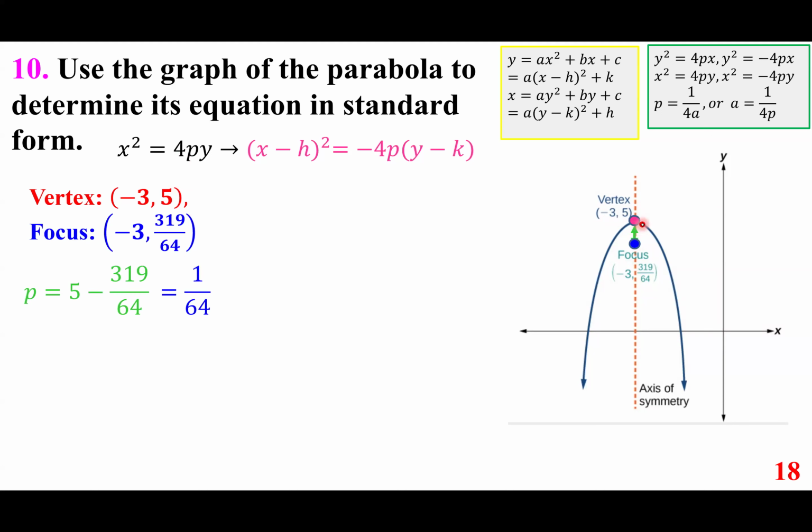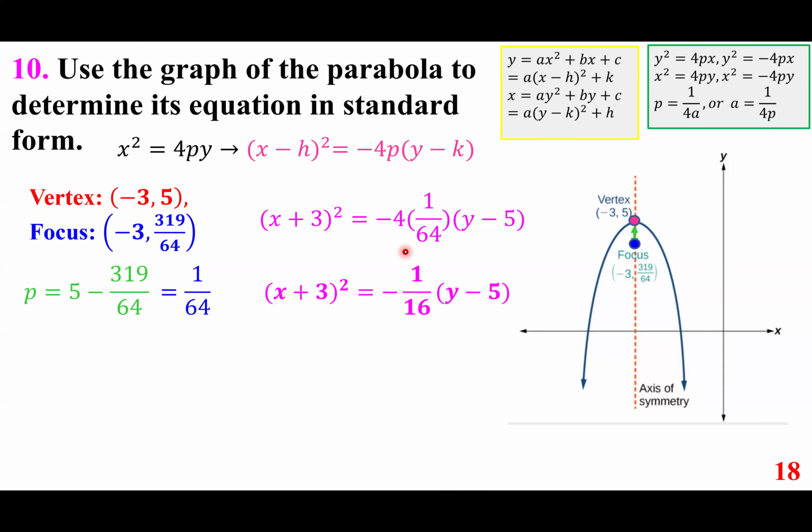So this distance is 1 over 64. So x plus 3, location of the vertex, x plus 3 quantity squared, equals minus 4 times the p, 1 over 64, times y minus 5. And of course, the product of these two numbers is negative 1 over 16. And you're done if you want to go that route. Minus 1 over 16, y minus 5, and you're done.